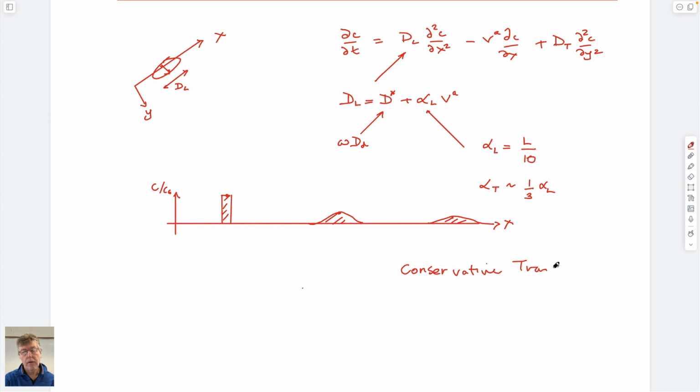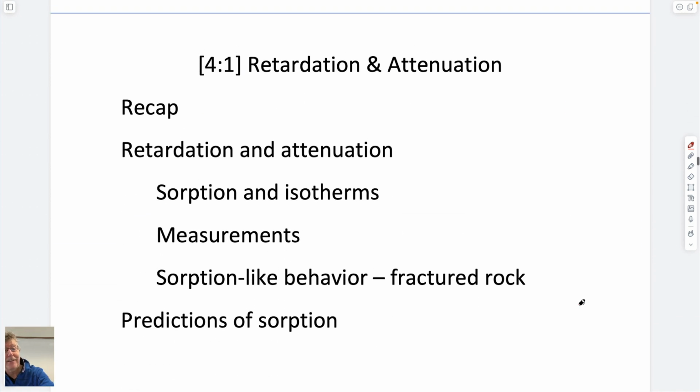And that's what we've talked about so far. And so what we'll talk about now is non-conservative transport. Liberal transport, I could call it, perhaps. Ha-ha. So the consequences of non-conservative transport are these two things.